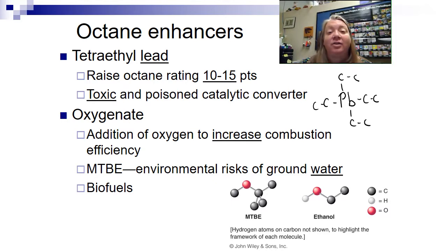Now, a catalytic converter, these came out in the mid to late 70s. So what they did is they said, okay, cars at this point they have too much pollution. So what we're going to do is we're going to change the cars so that they produce less pollution. And one of the ways they found to do this was to add at the very end of the exhaust system a catalytic converter.